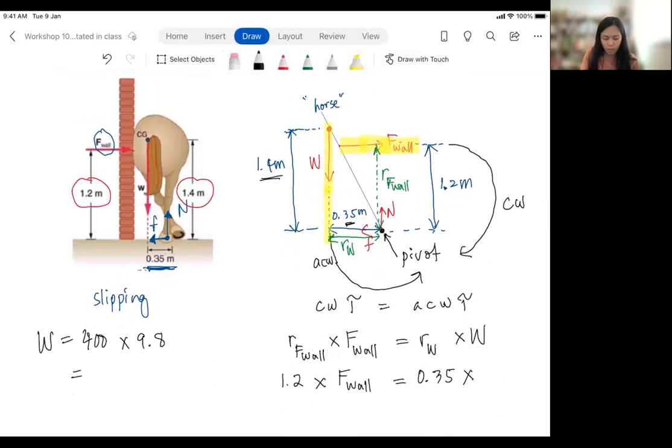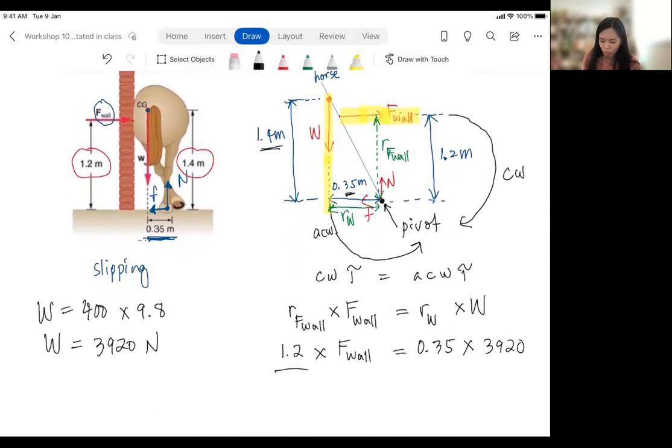400 times 9.8 gives you 3920 newtons for the weight force. Okay. Right? So therefore, we can now solve for the force from the wall by dividing both sides by 1.2.